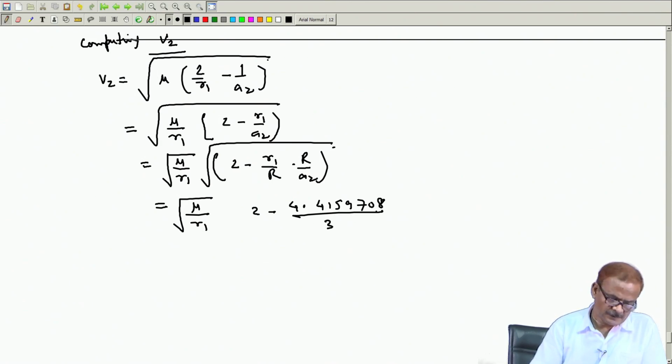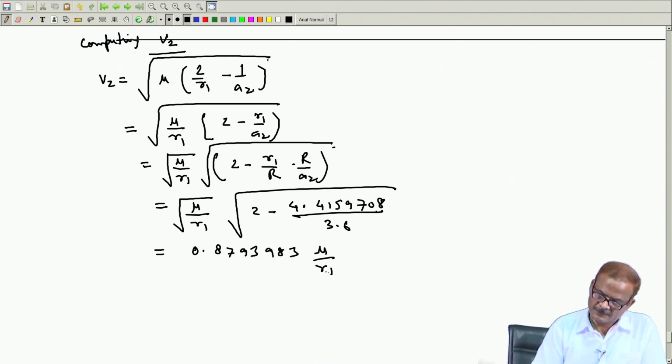A 2 by R is given to be there. So, this is 0.8793983 mu by R 1 under root. So, this is your V 2.